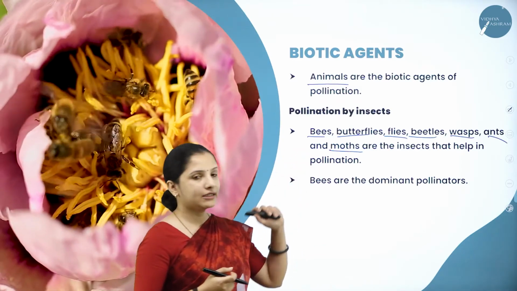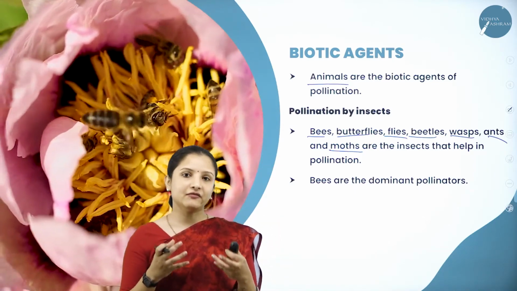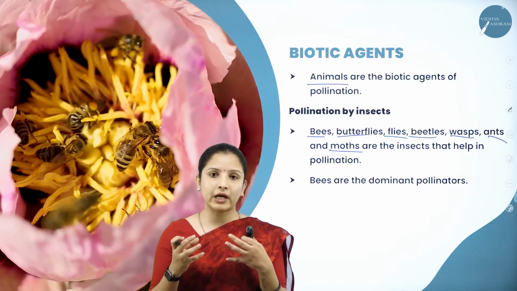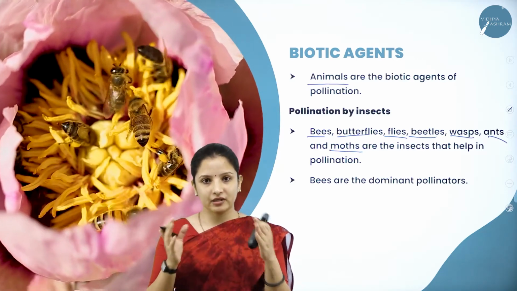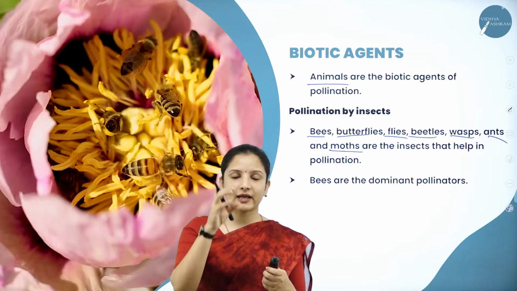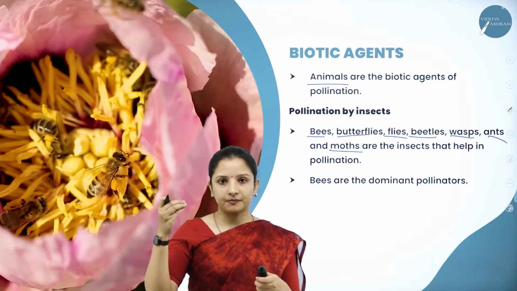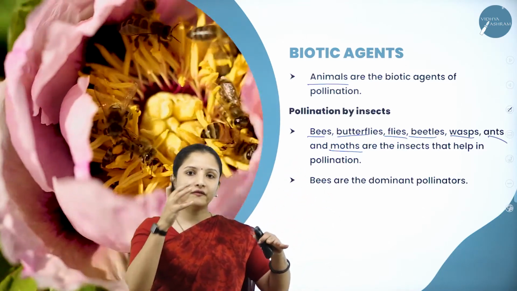And among all these insects, bees are the dominant pollinators. Every time you see a flower, you can see a bee buzzing around it. Why? To suck in nectar, right? Because the bees build a honeycomb wherein they use the nectar or the honey as a food source for the developing larvae. So that is why bees keep on visiting the flower.